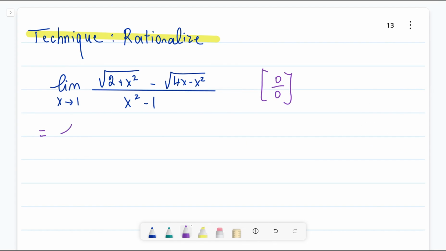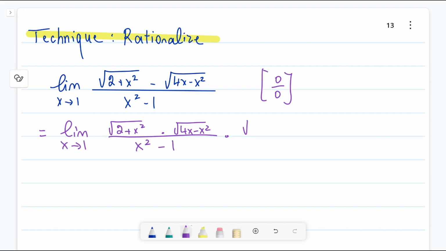The way to simplify is to rationalize whenever we see that we have many radicals. If you're having a lot of trouble with rationalization, don't forget that we have another video to help with this. So, how can we rationalize the numerator?